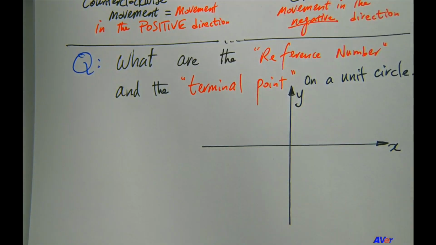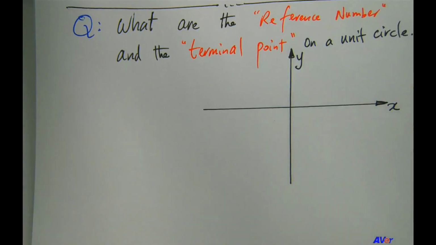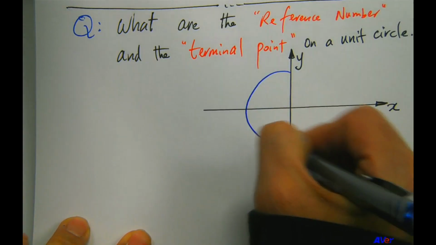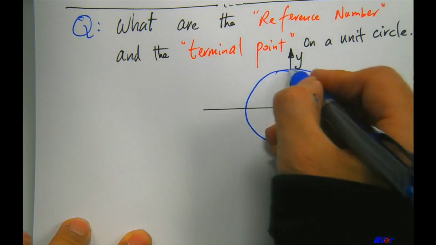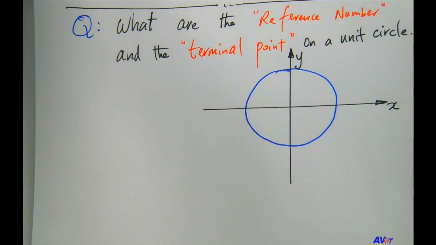So suppose, let's just use any example to describe what a reference number is and what a terminal point is. Let's draw a basic unit circle again. Suppose we have this circle like that, centered at the origin, and this is a unit circle, right?